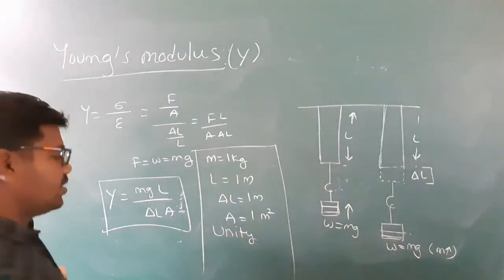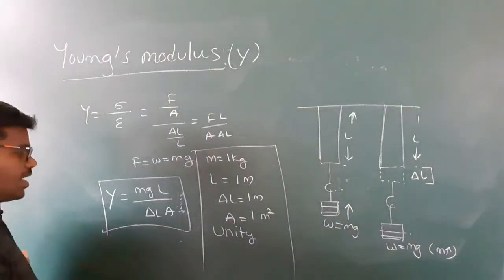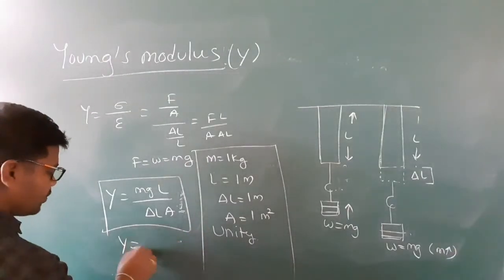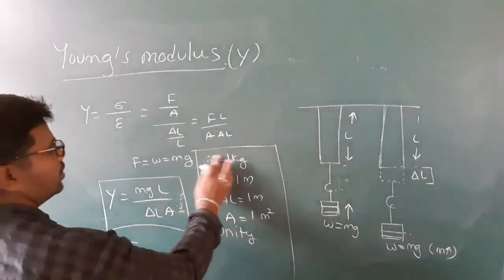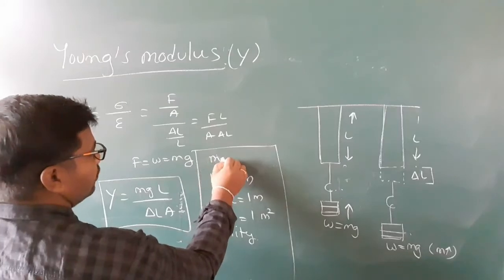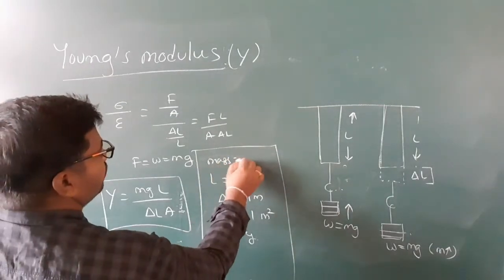So how can we define Young's modulus? Young's modulus means Y is equal to, taking everything as unity, mass is equal to 1 unit.